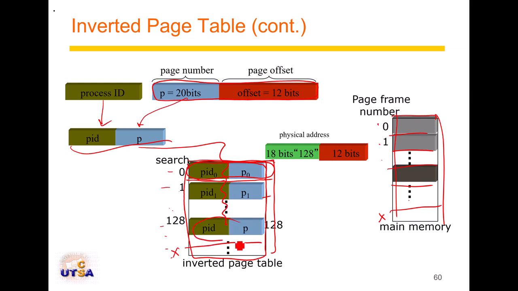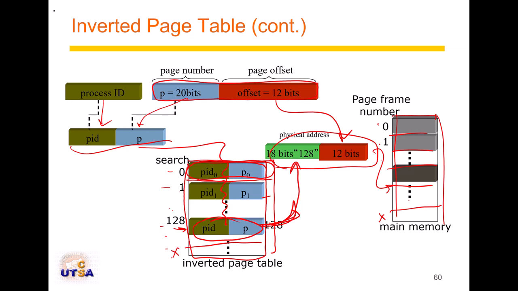Once we find the one we are looking for, if it matches, then the index of that entry will be used as our frame number. In this case it's 128, but it's actually 18-bit information, so we will take these 18 bits here, and then copy the 12 offset bits, so altogether you have your physical address and you will go and access the memory.